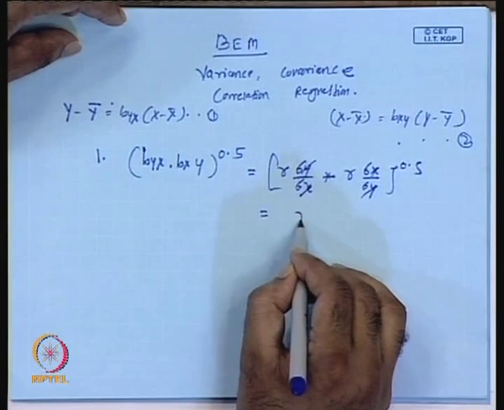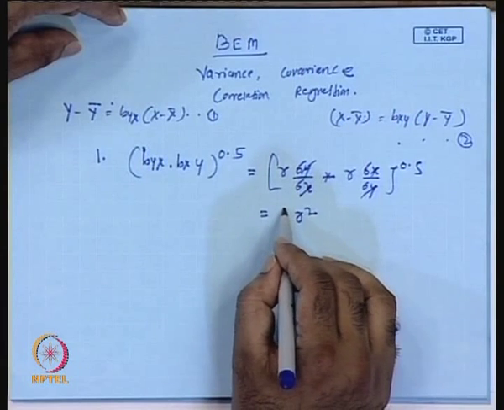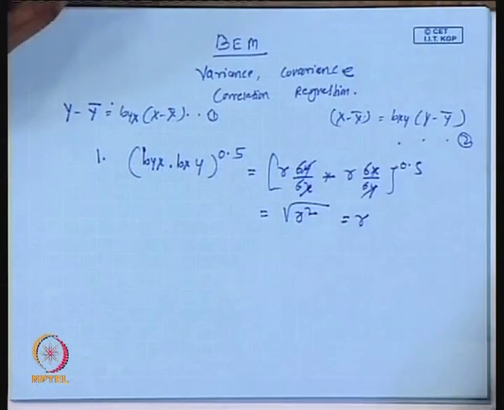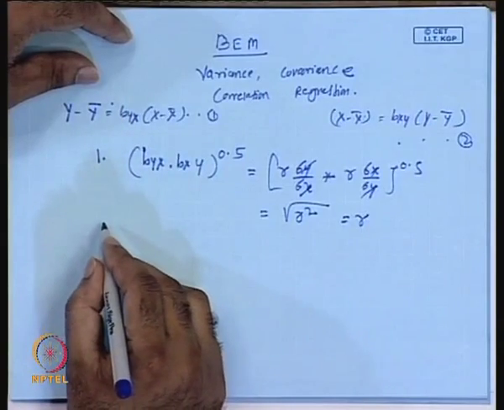So, it is simply the square root of r square, which means r. The physical interpretation is that the geometric mean of the two regression coefficients is the correlation coefficient. That means if we have two regression coefficients, then we can get the correlation coefficient, which is simply the geometric mean of byx and bxy. So, this is the second property.